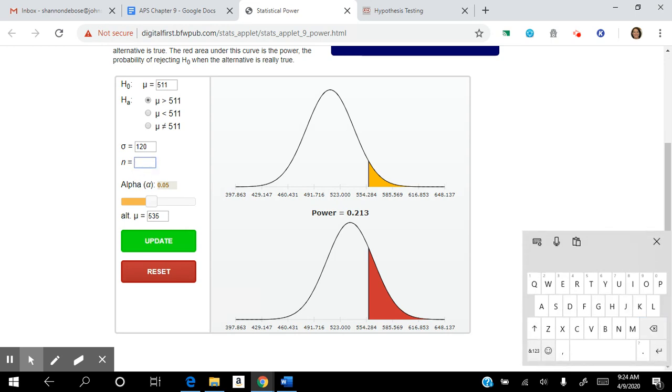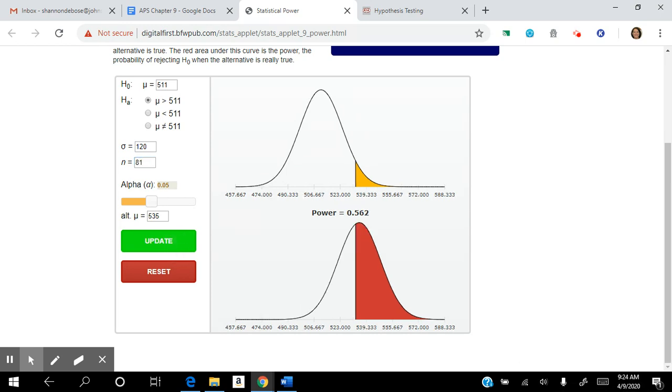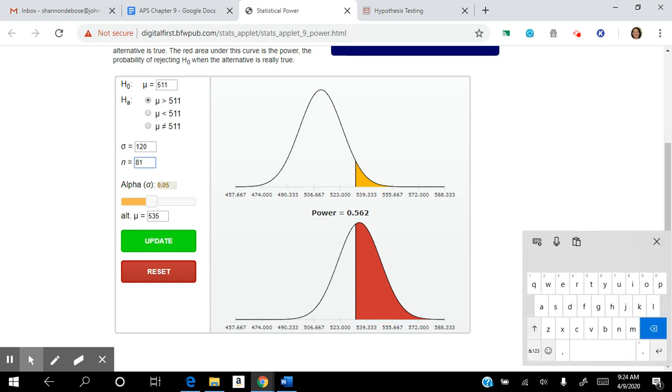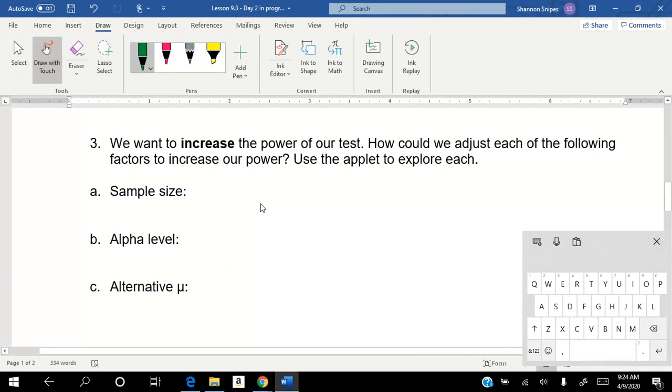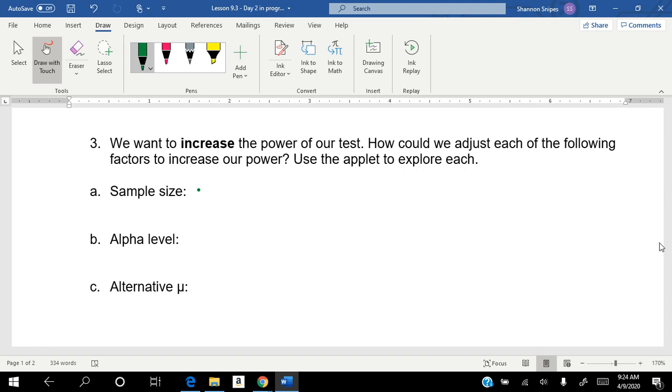Let's make it 81. Update. See, the power continues to go up. So as the sample size is increasing, the power is going to increase. I'm going to set this back to 8. So if we increase the sample size, we increase our power.